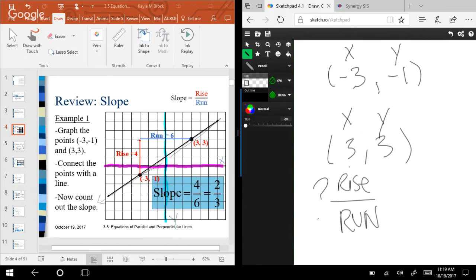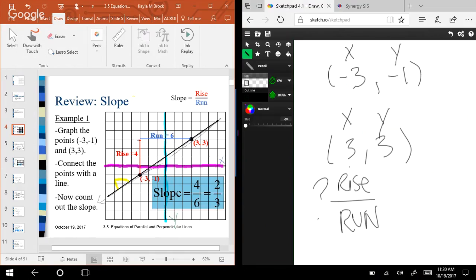You couldn't pick a point here and a point here and draw a triangle for your rise over run, because you are counting and you don't really know where this is. You know that this is -1, -2, -3, but you don't know if this is -2.5. You don't know exactly where it is.